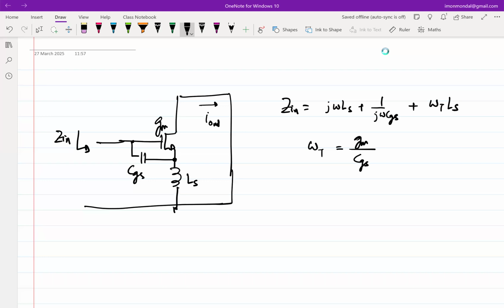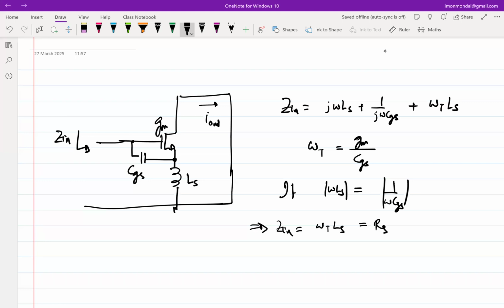So if this is equal to this, this is the condition for resonance, then your Z-in is exactly equal to omega T LS, which you design for a 50 ohm load, assuming RS is 50 ohm, and then you essentially get the perfect impedance match looking at the input.